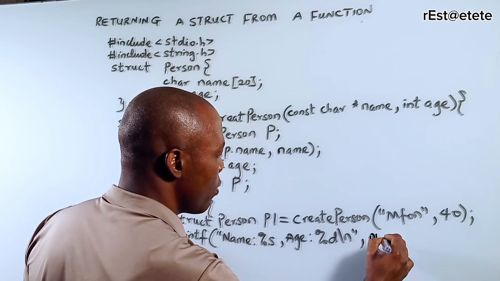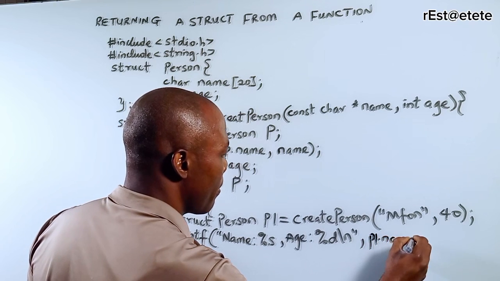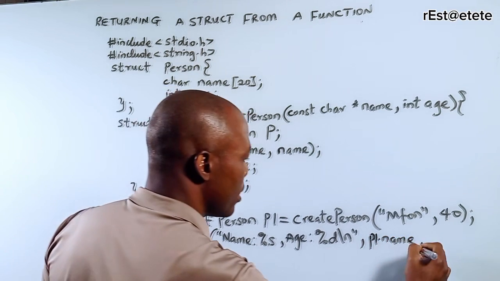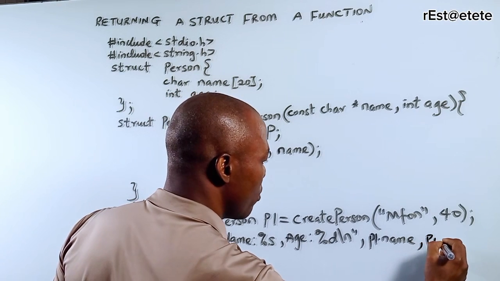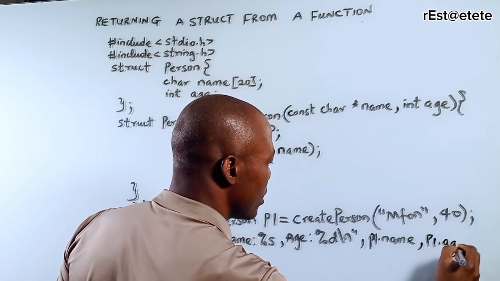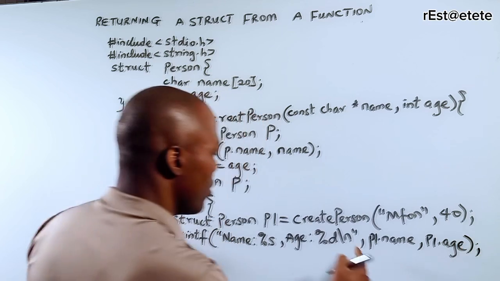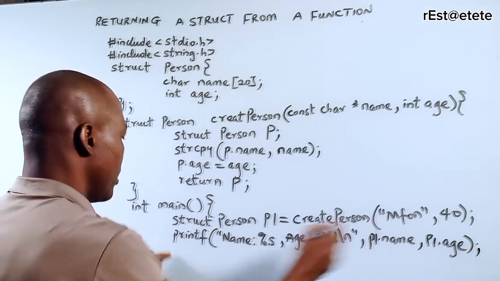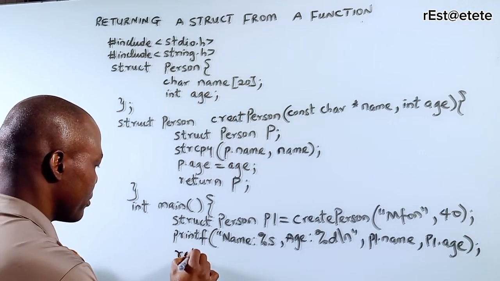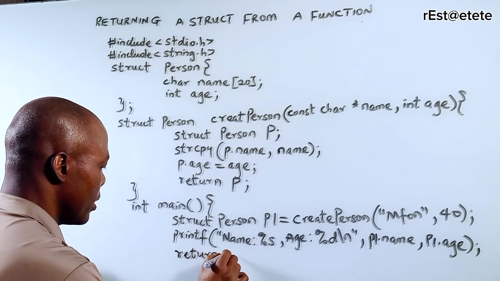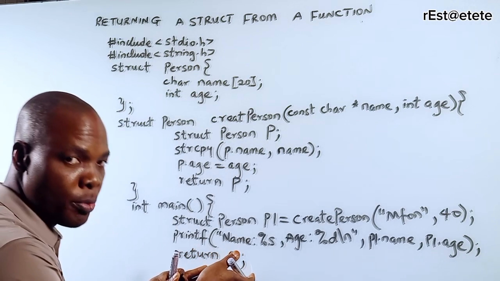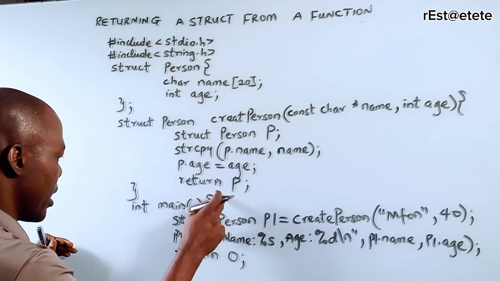P1, P1 dot name. We'll go for this, and P1 dot H. We'll go for this one. Then return 0, meaning it's returned to the operating system. There's no error. Then I'll close this.